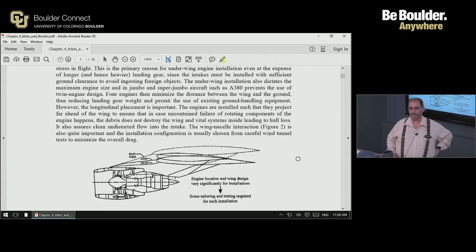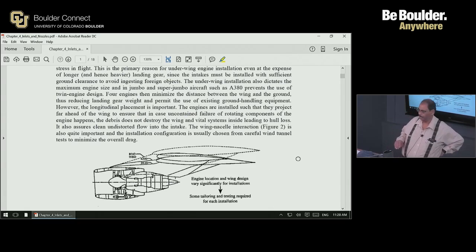So mounting the engines on the wing essentially counteracts the lift force during cruise, which means the net bending moment at the wing root is reduced because of the weight of the engine.